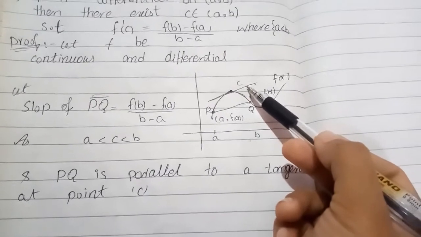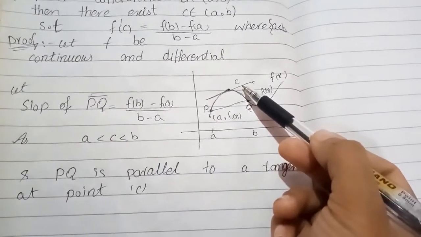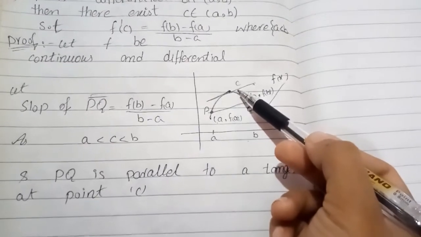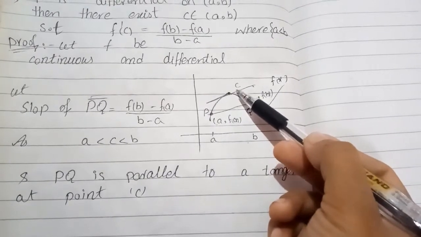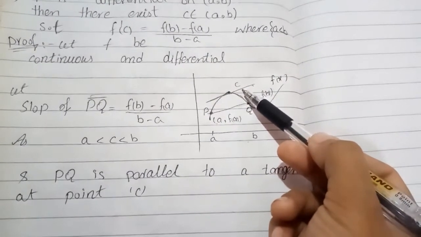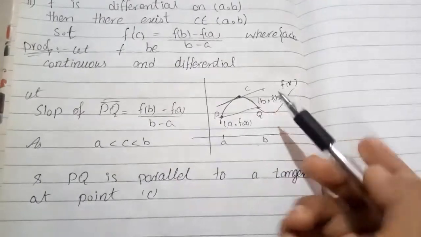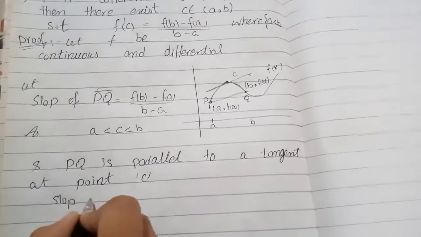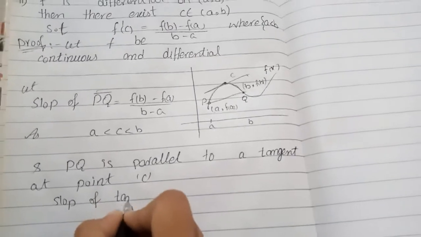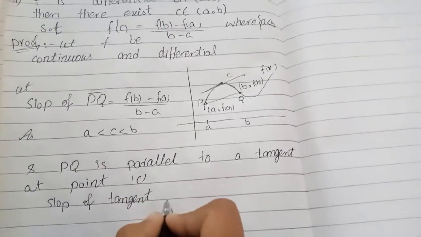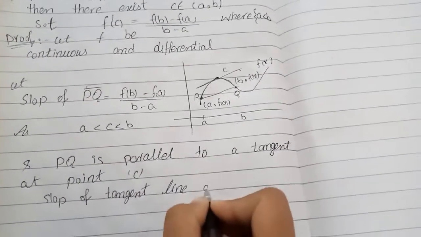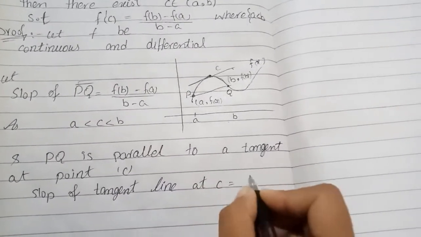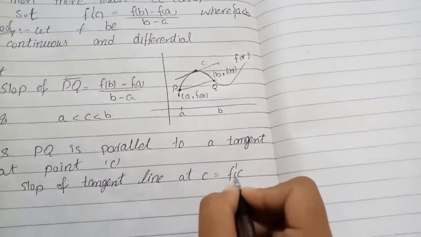We also know that if we find the derivative of a function at a point, we get the slope of the tangent line at that point.